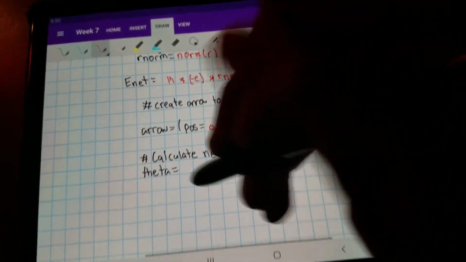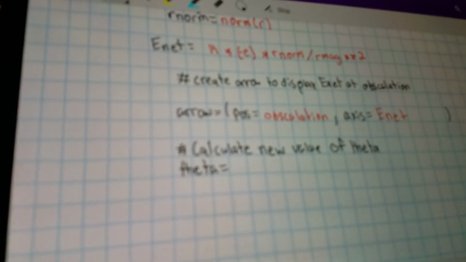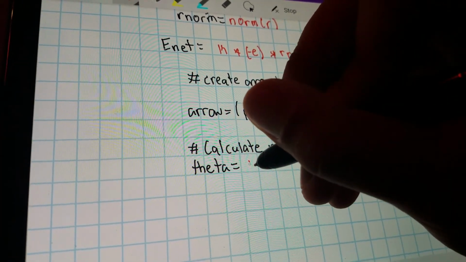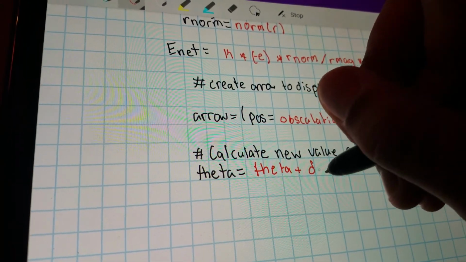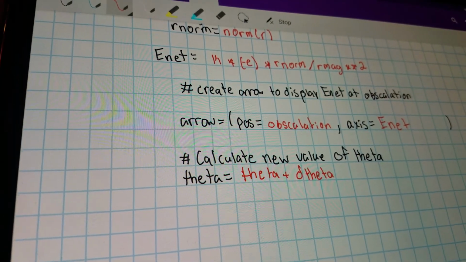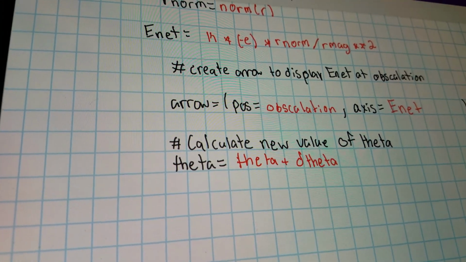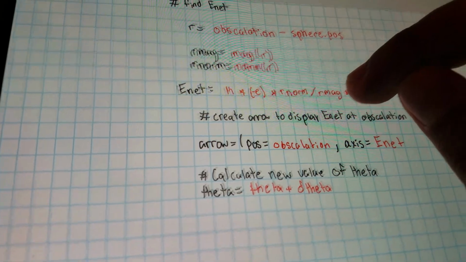And using that knowledge, we can just say that theta is equal to theta plus d theta. Because this just means you're changing to the next observation location and then taking the measurement again from there. And the cycle will keep repeating since it's in the while loop.